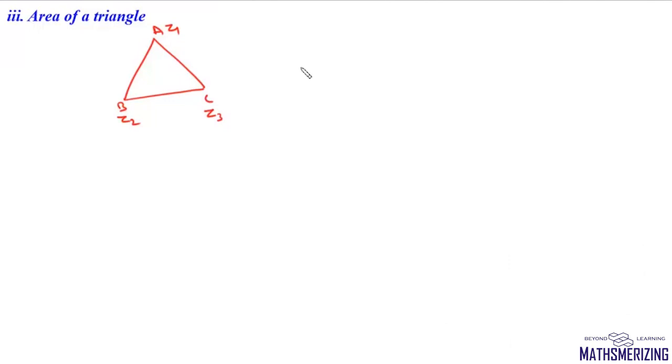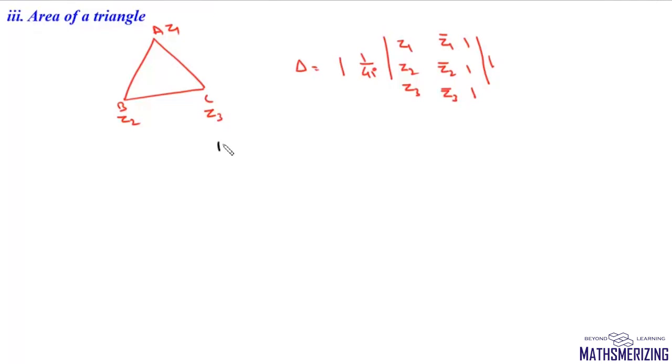Now the area of this triangle is given by this delta, and it is mod of 1 upon 4ι, and then this determinant with rows Z1, Z1 bar, 1; Z2, Z2 bar, 1; and Z3, Z3 bar, 1. So this is how we can find the area of this triangle ABC.